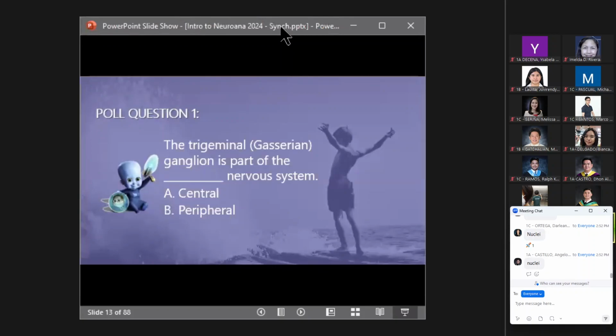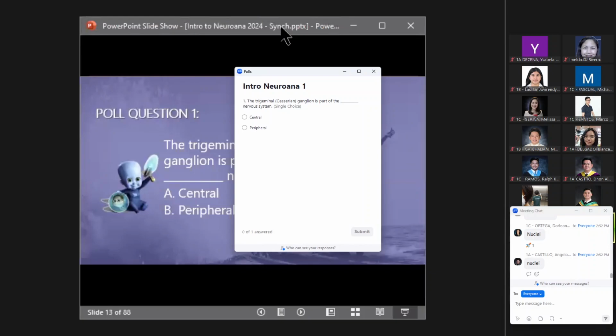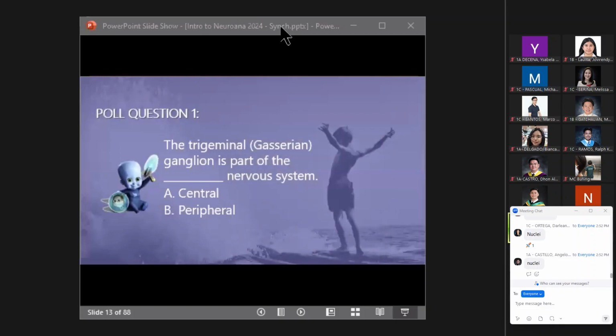The trigeminal Gasserian ganglion is part of the blank nervous system. Okay, just answer it.